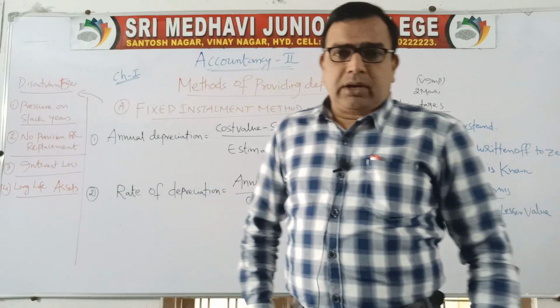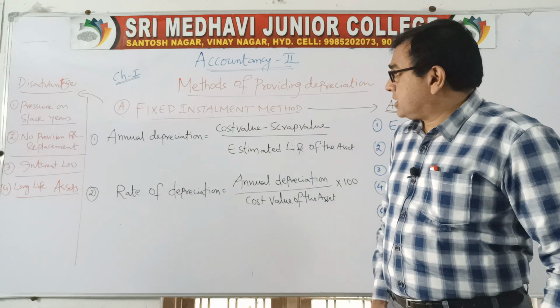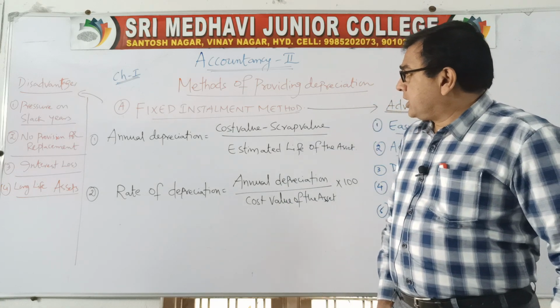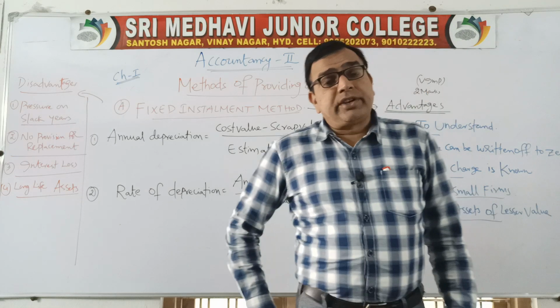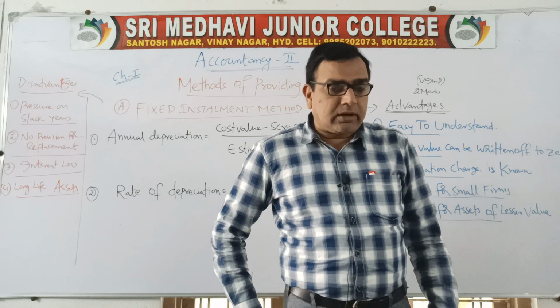So at intermediate level, we have got only two methods. The first one is the fixed installment method. Second is the diminishing balance method.